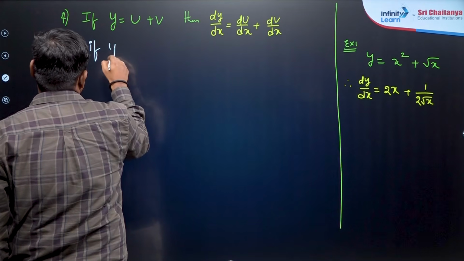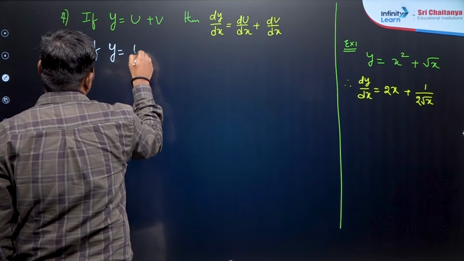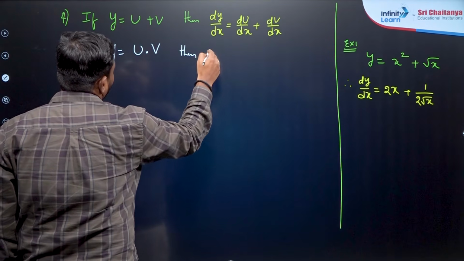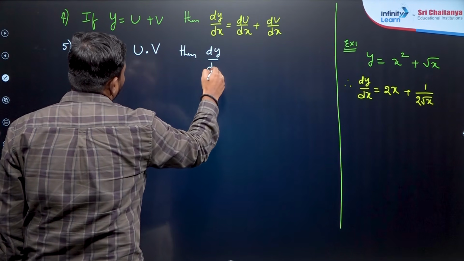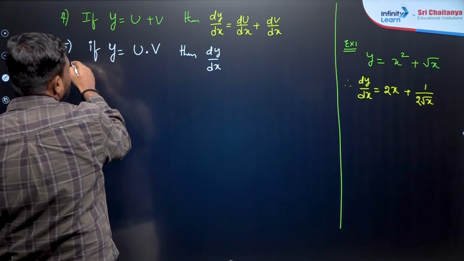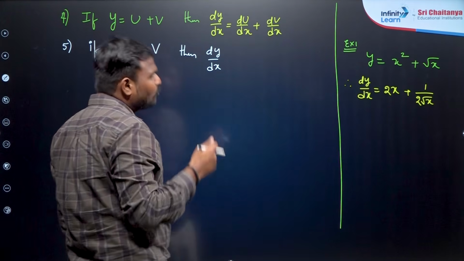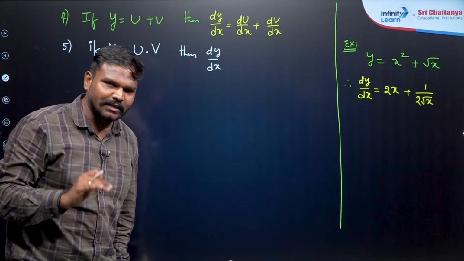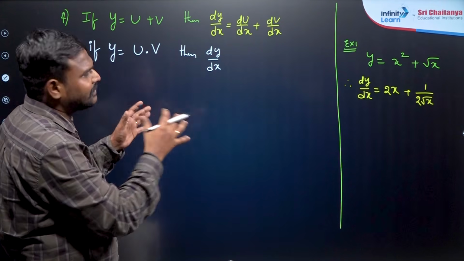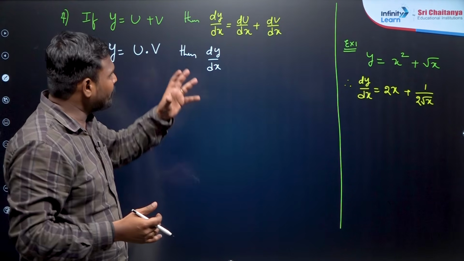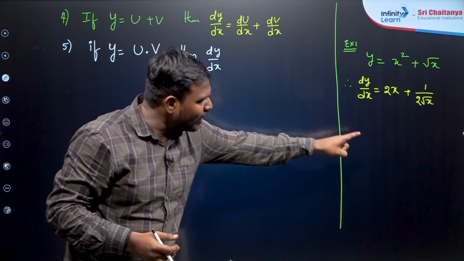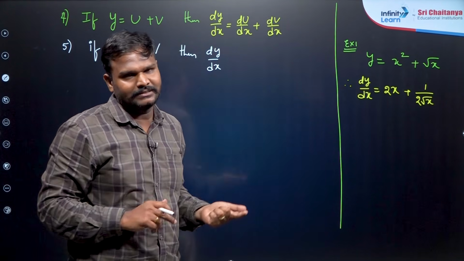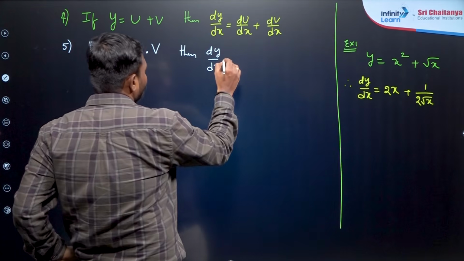If y is equal to u into v, this is the multiplication rule. This is the addition rule, this is the multiplication rule. How these formulas are derived, that anyway you will discuss in mathematics. Right now in physics we only understand the application part. We have to remember the formula, then apply it in kinematics or gravitation or electrostatics. So let us focus on the formula now.